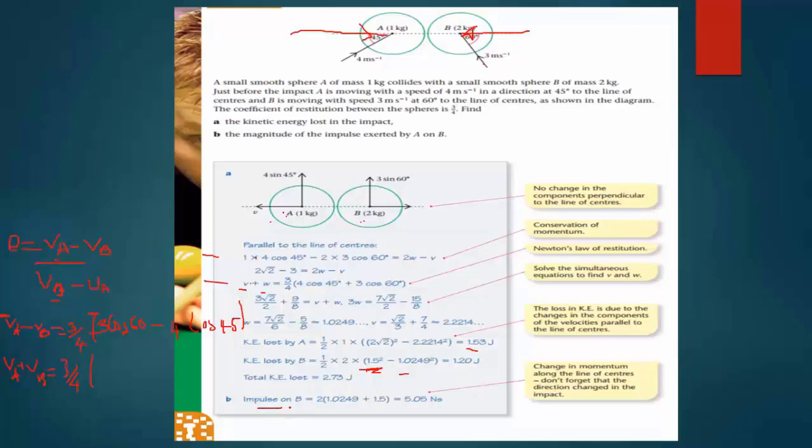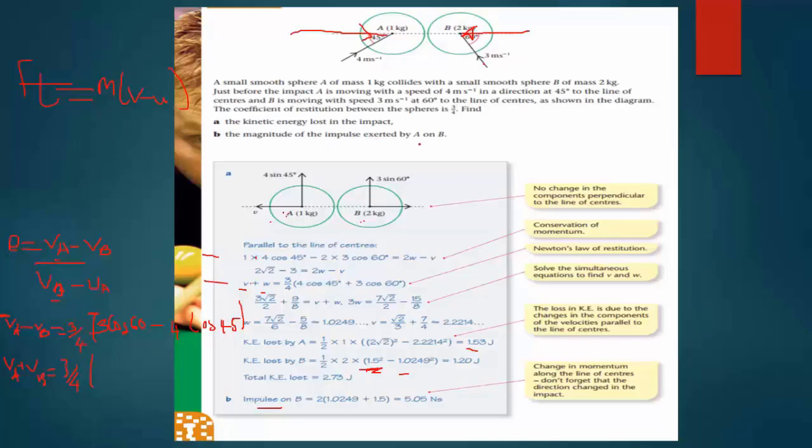Impulse, we know impulse is just the change in momentum. Okay, impulse being the change in momentum, impulse, you remember, force times time is equal to change in momentum, mv minus u.